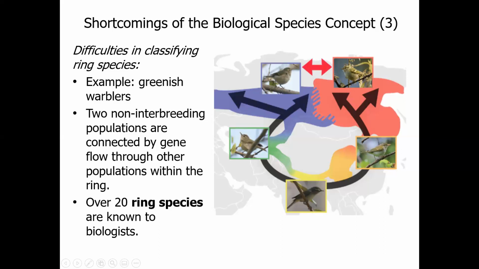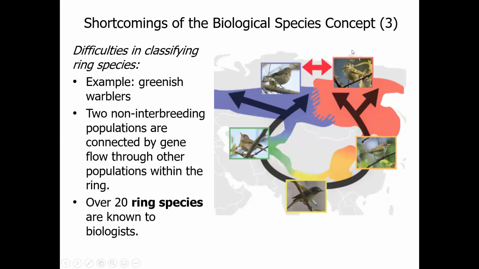However, because so much evolutionary time has passed and so many genetic differences have occurred, these species actually cannot reproduce with one another. So the left population is now a completely different species, and the right population is now a completely different species. These are what's called ring species because they basically go in a ring around some sort of obstacle and they'll meet up. On one side of the ring, they are the same, but on the other side of the ring, they are completely different when they meet back up.